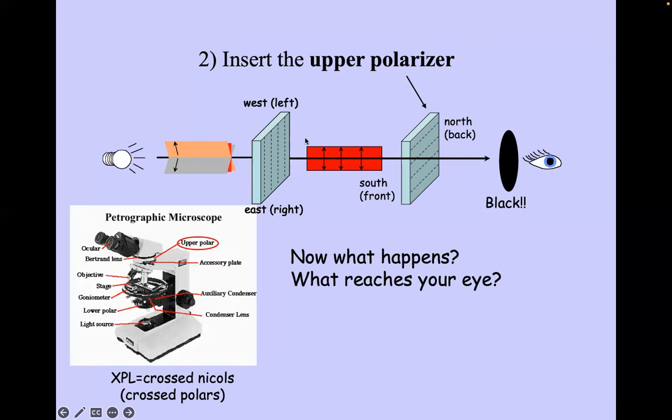The normal polarization is plane polarization, here we said PPL, plane polarized light. Now what is coming is plane polarized light. But if we insert another polarizer here, the second polarizer, we call it cross polarization. If there is light coming along here, then we call that light cross polarized light.